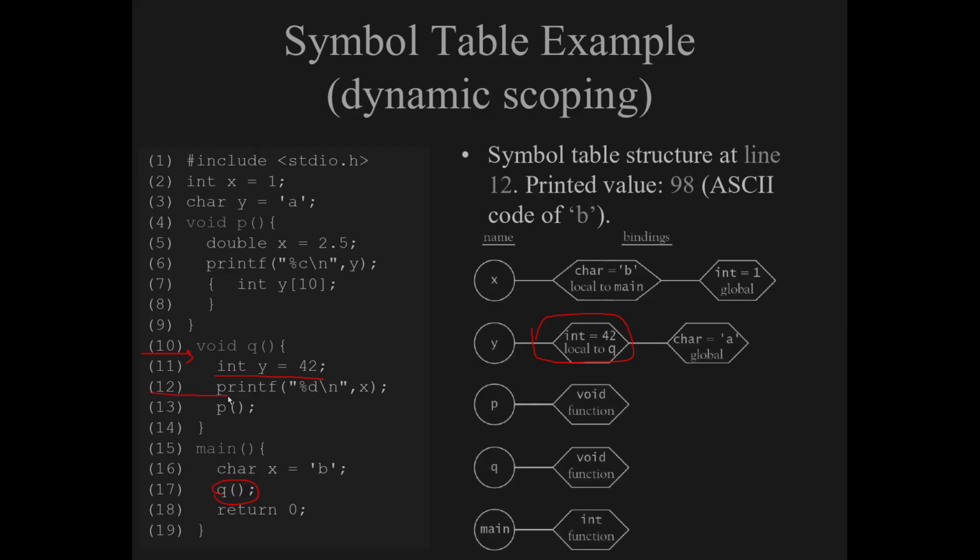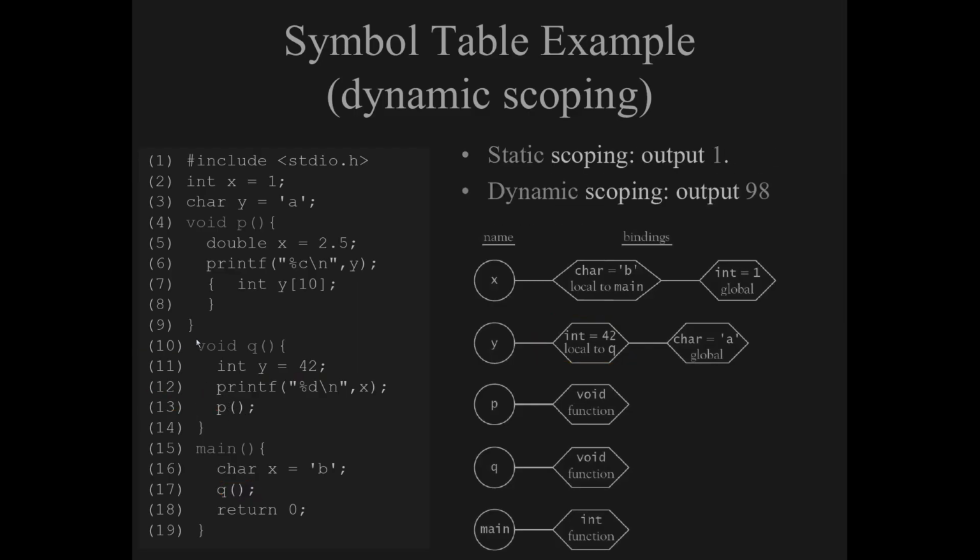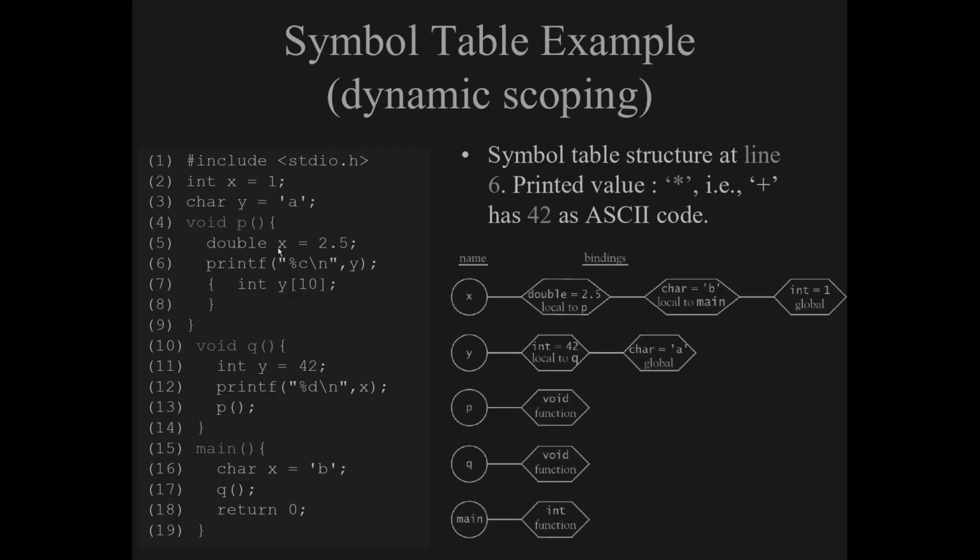And then we're going to execute this, and then we're going to execute p, and then p in turn, we're going to jump all the way to here eventually. So right here we have a new declaration of x, which is double x equals 2.5. That's going to be the top of the stack. So whenever we say x, we mean the one local to p.